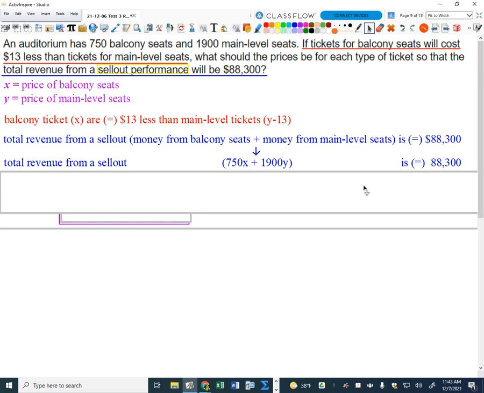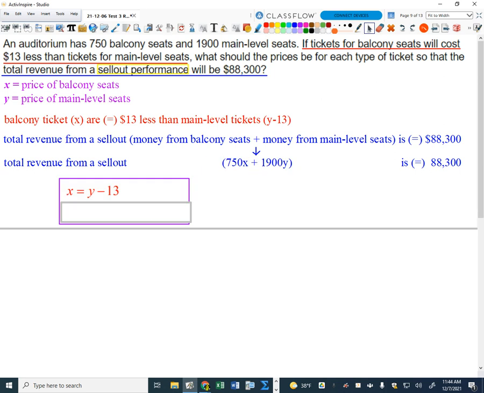For the balcony seats, the way we're going to get that is 750 tickets, and if they each cost X dollars, then isn't that just 750X plus 1,900 main level seats times Y dollars per main level ticket, so 1,900Y would equal 88,300. Okay, so there's our second equation.